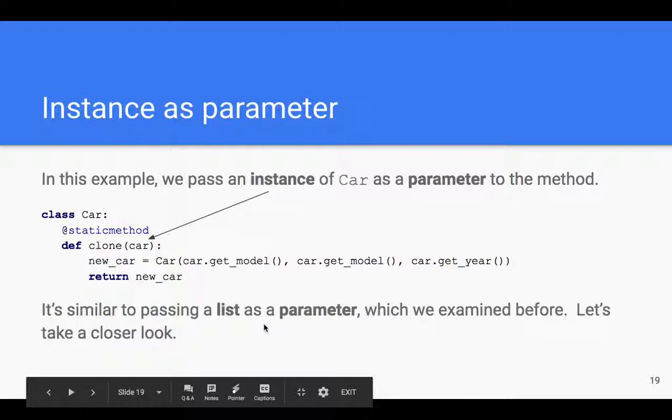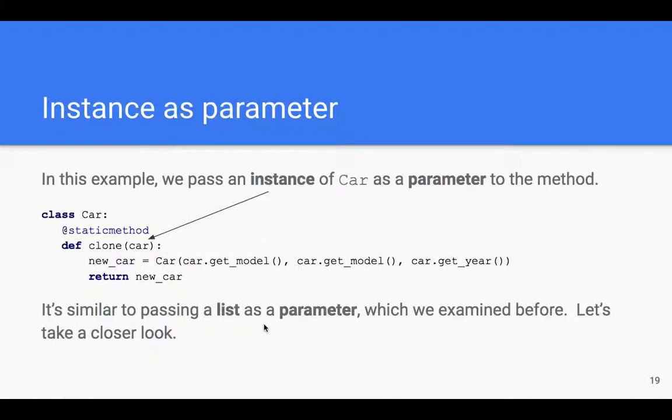So if you're familiar with that, this topic is pretty much the same thing, but we just want to make sure we understand how things work when we pass in an instance of a user-defined class to a method or a function. Okay, so let's take a closer look.